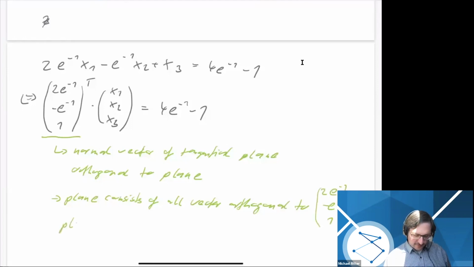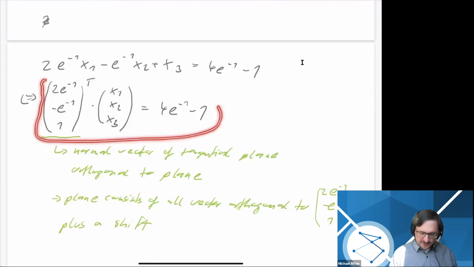One thing you have to watch out for, plus a shift. Let me say that differently: it's all the vectors that fulfill this equation here.